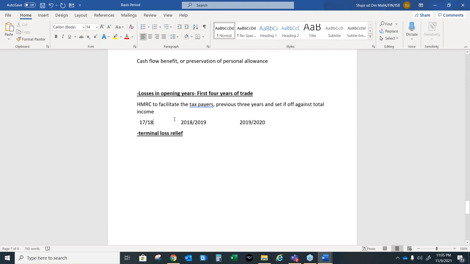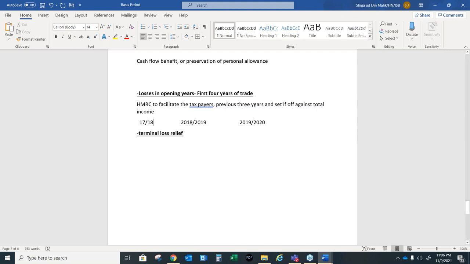The trade was not existing at that time, but you might have been employed, earning from your savings income, or from other non-savings incomes like property business income, some pensions or any other source of income.